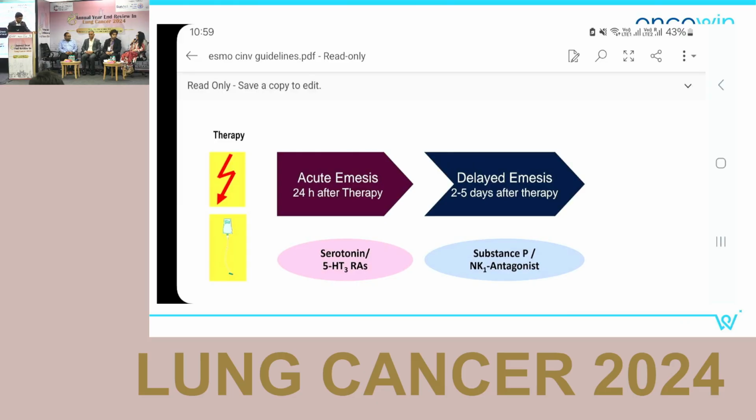Well, it depends on the emetogenic potential of the regimen, so high, moderate or low. I always find it difficult to remember in which category the regimen falls. Basically, any cisplatin-containing regimen, cyclophosphamide more than 1500 mg per meter square, anything which contains an anthracycline and a cyclophosphamide, carboplatin AUC 4.